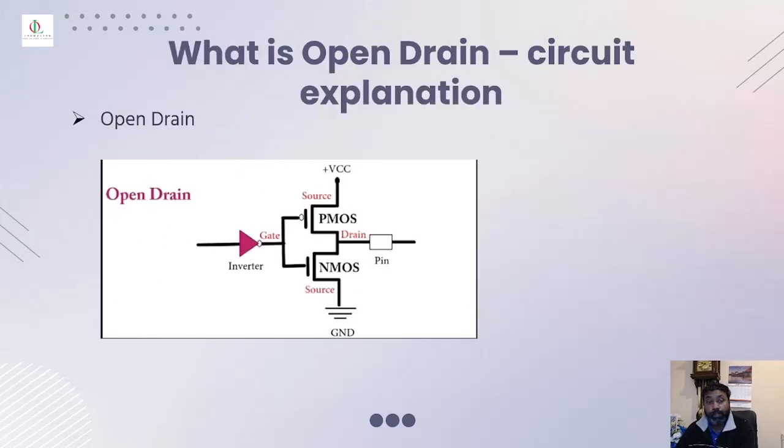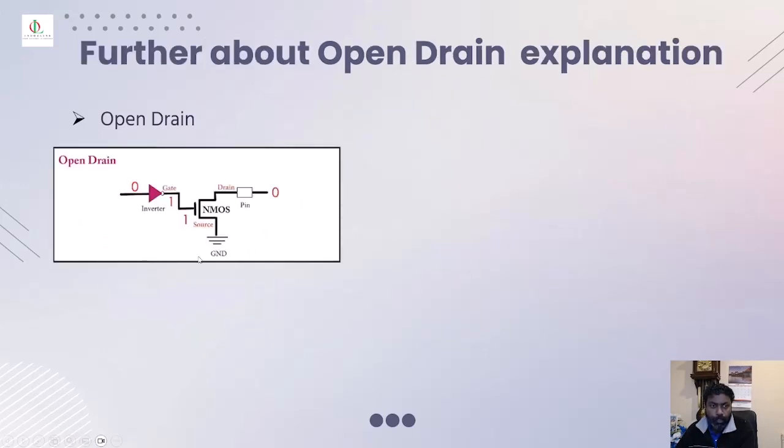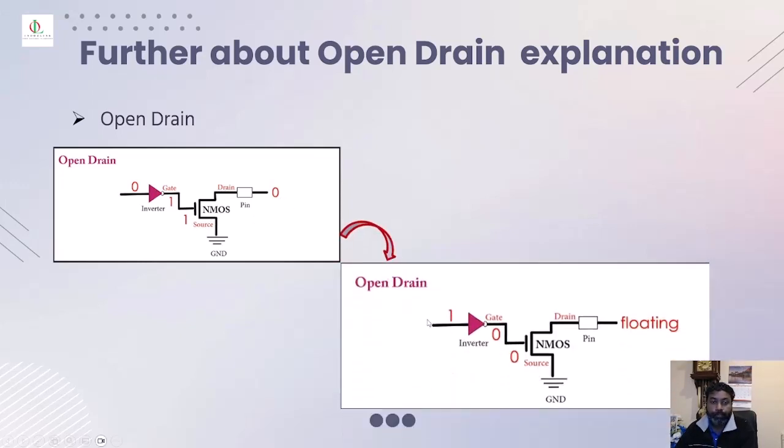What is an open drain? Considering this as an example, with the open drain, when you send a 0, it inverts to 1, and the NMOS gets 1 and is off, and it sends 0. So that's how it works. Sending 1 via the gate, NMOS reads as 0, and it goes to the pin, and it doesn't know whether it's a 1 or a 0, so therefore it's in a floating state.